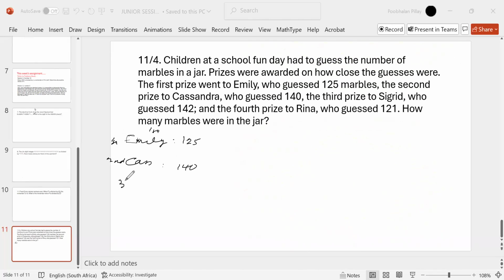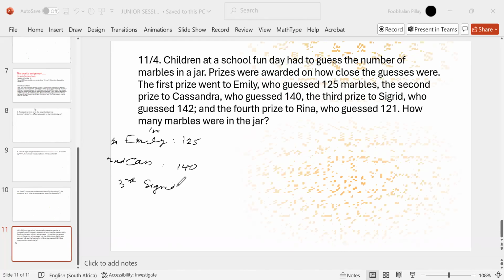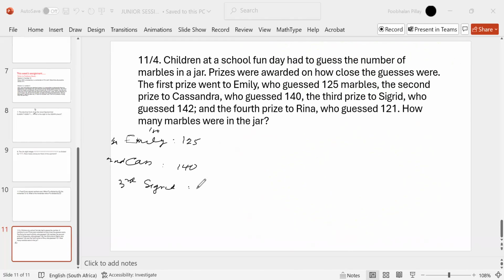And the third went to Sigrid, who guessed 142. The fourth prize went to Rena, and she guessed 121.